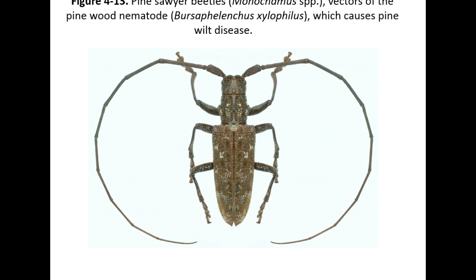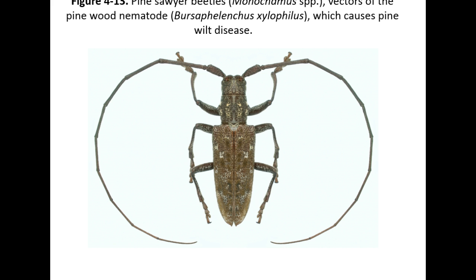Okay, so if we look at this slide, the pine sawyer beetle is the vector of the pine wood nematode, and that causes pine wilt disease. So there is actually a tree pathogen transmitted by the insects.